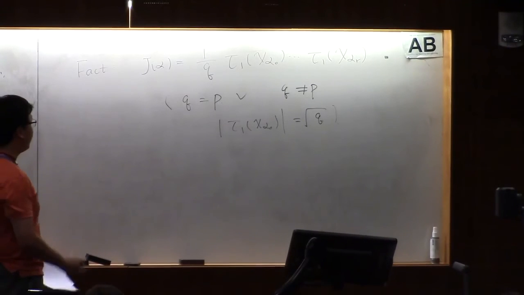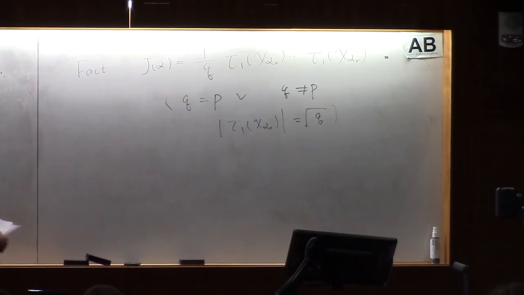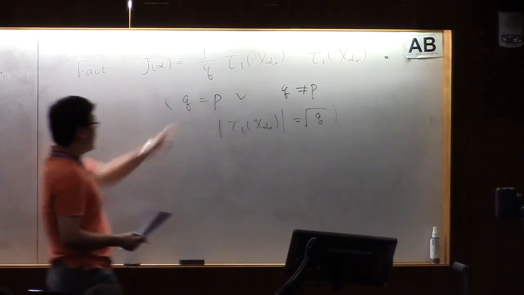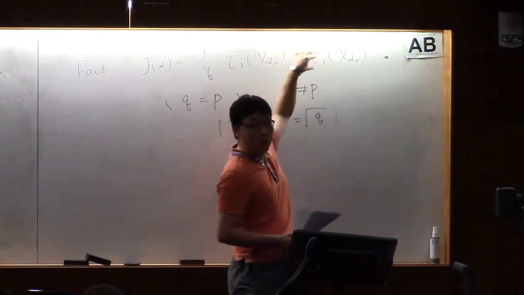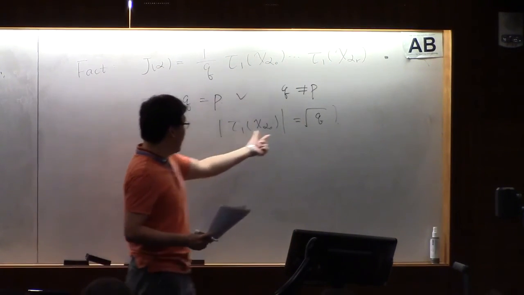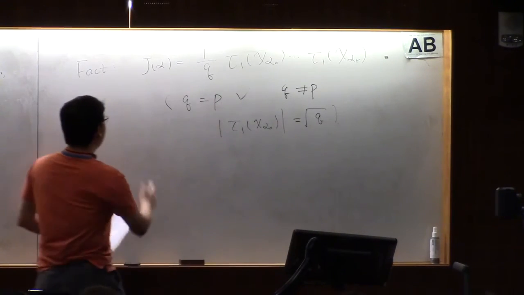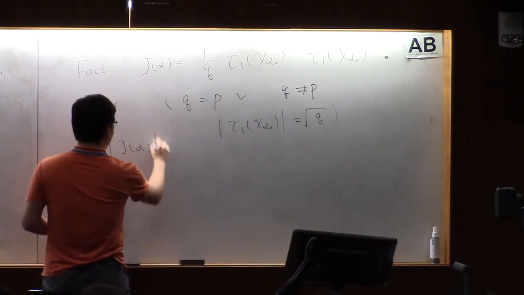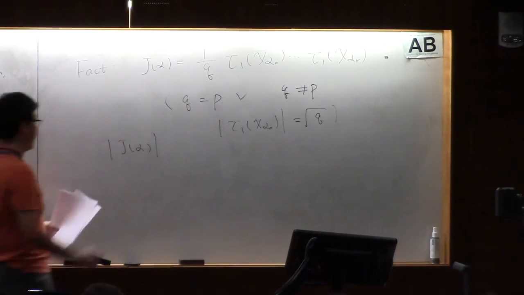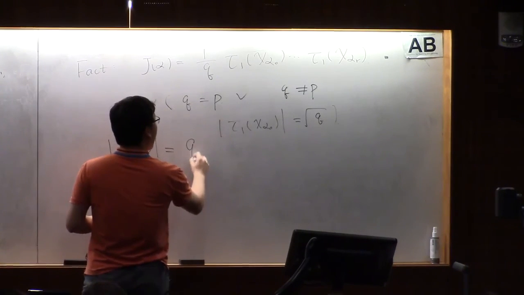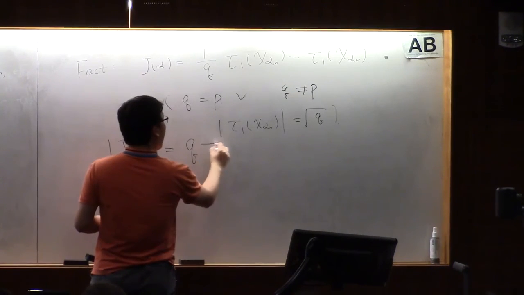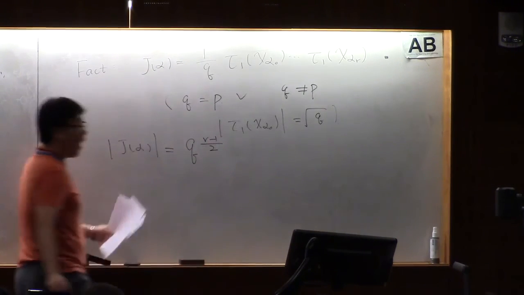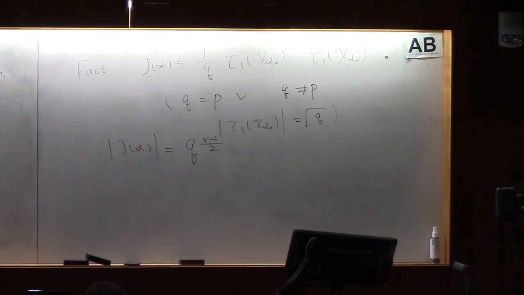Then this is pretty good, because we know that the absolute value of each of these Gauss sums is square root of q. So the absolute value of each of these Jacobi sums should be q to the (r minus 1) over 2. So that means we have a bound for this term.